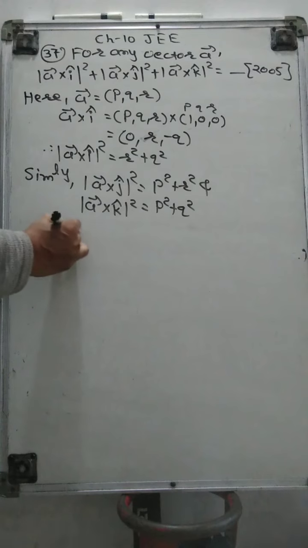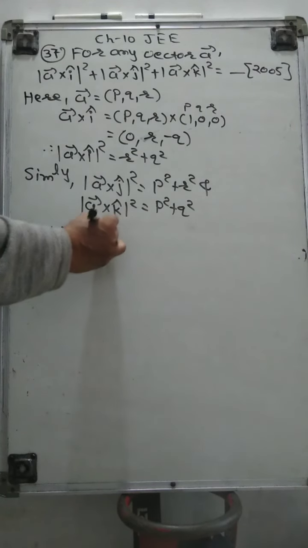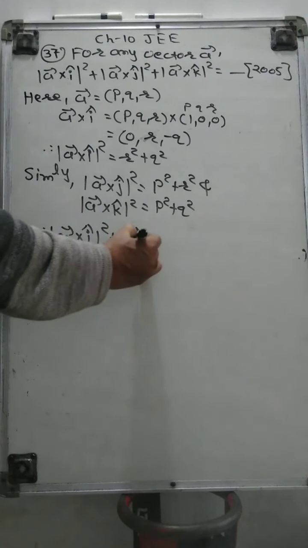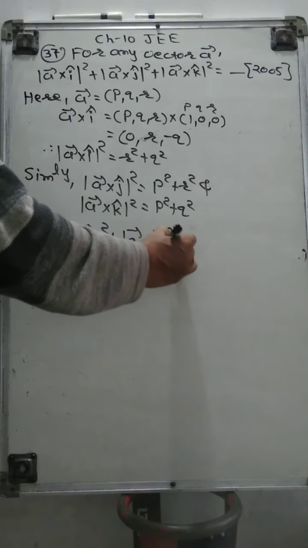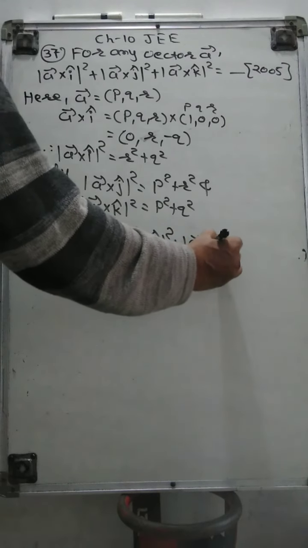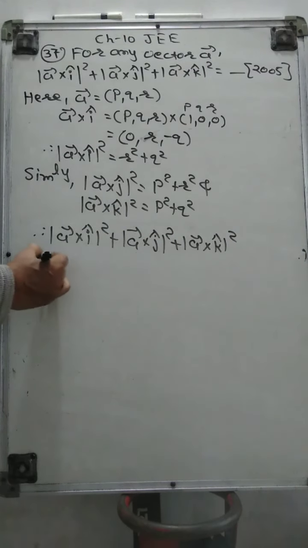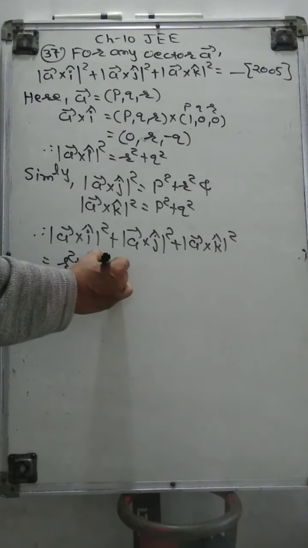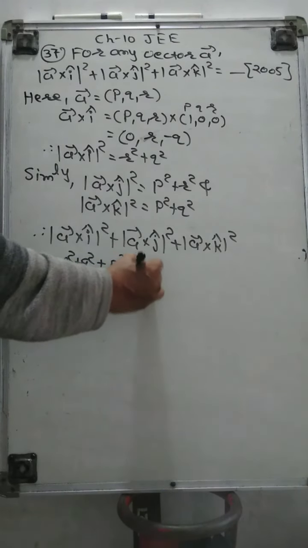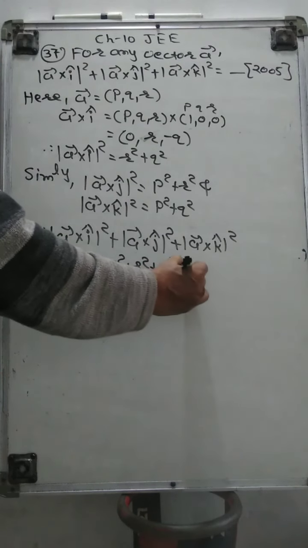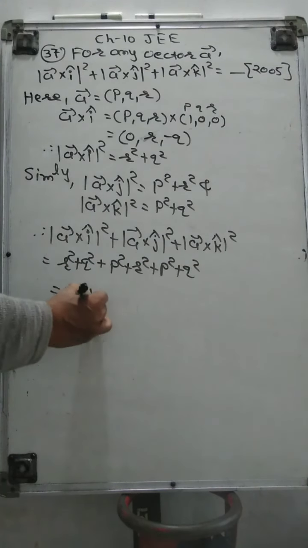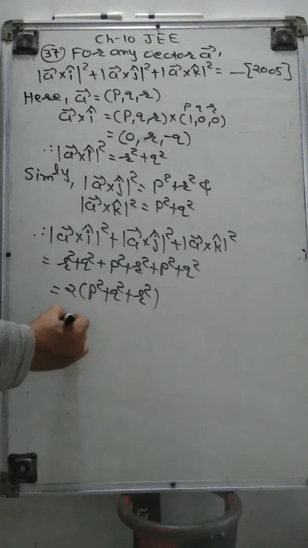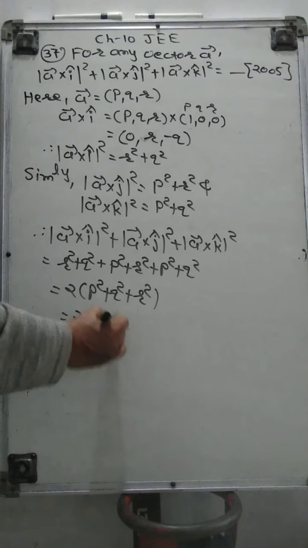Therefore mod A cross I square plus mod A cross J square plus mod A cross K square is equal to R square plus Q square plus P square plus R square plus P square plus Q square. It is 2 times P square plus Q square plus R square, or 2 mod A square.